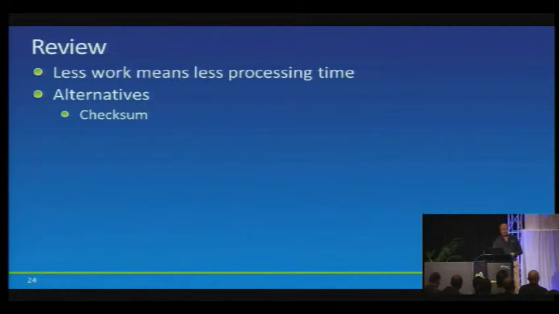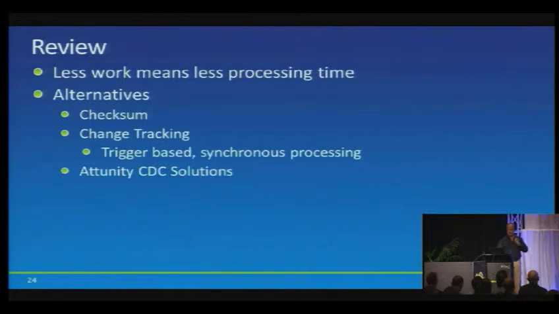As for alternatives, we can use a checksum, as we said, enable the change tracking system, and we have Attunity. Have you heard of Attunity? No? Attunity is a company that makes very fast, optimized providers and drivers for data movement, for data extracts and loads and all that.